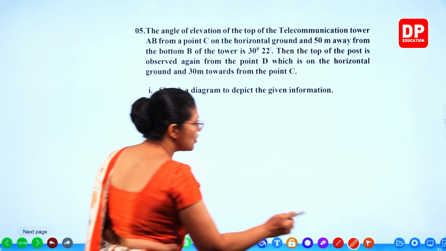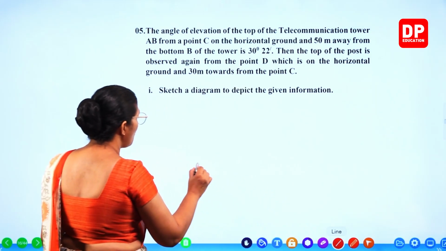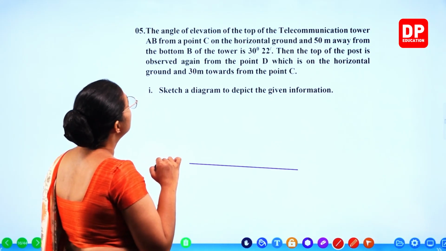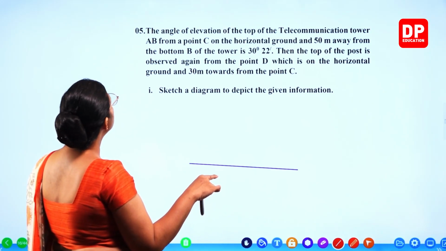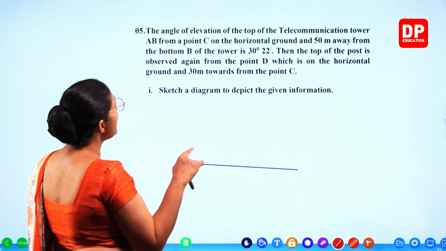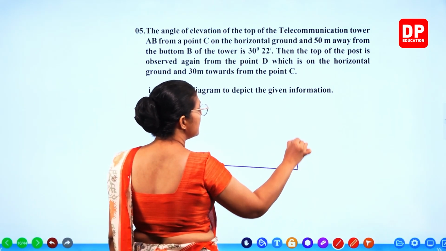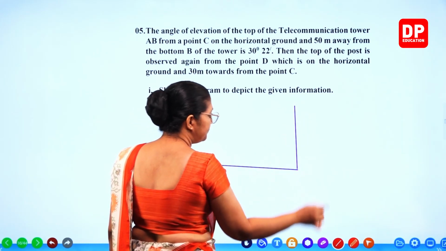So shall we sketch this diagram first? We can take a horizontal line. This is the horizontal ground, and vertical one is AB, the telecommunication tower. So let's take this is the tower.